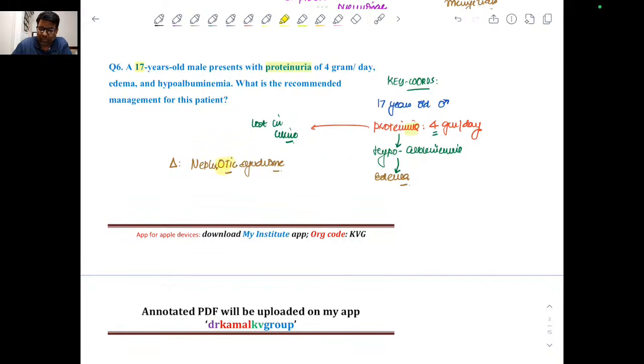Nephrotic syndrome, because there is proteinuria, there is hypoalbuminemia, and proteinuria, that is 4, because in nephrotic syndrome the definition is more than 3.5 gram per day proteinuria. That is what is included in the description of nephrotic syndrome.